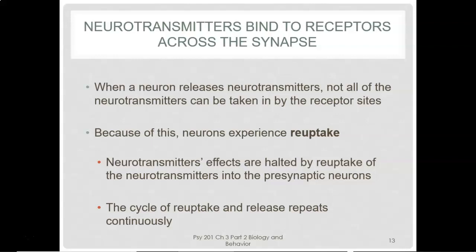Now, the neurotransmitters' effects are halted by reuptake because the leftover neurotransmitters are back in the presynaptic axon. And this cycle of reuptake and release repeats because we're recycling neurotransmitters.